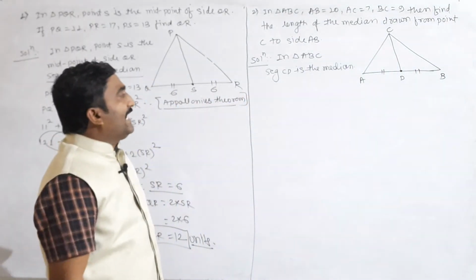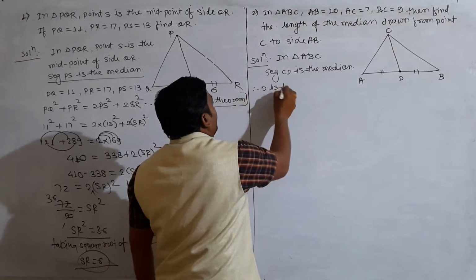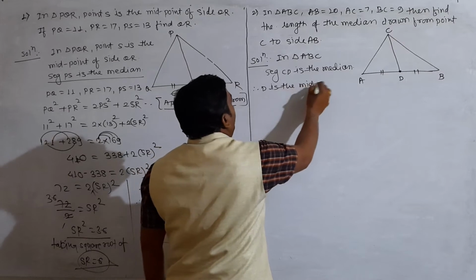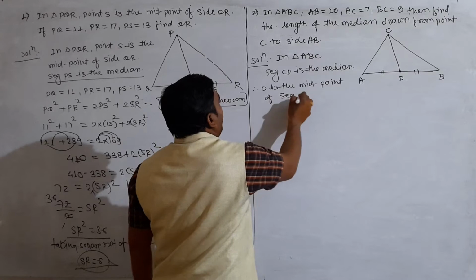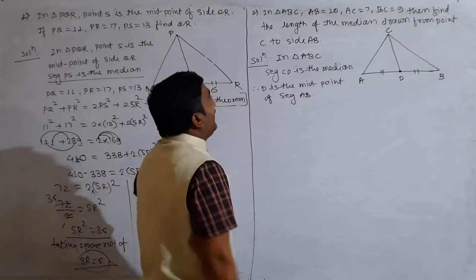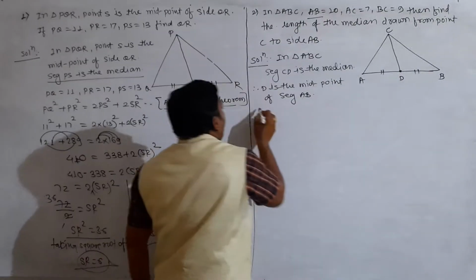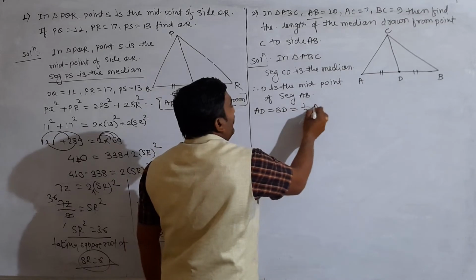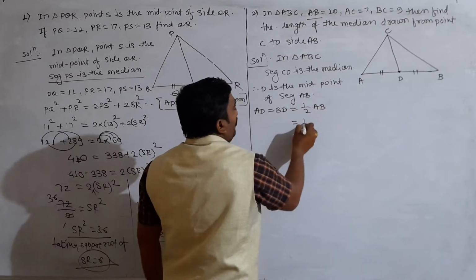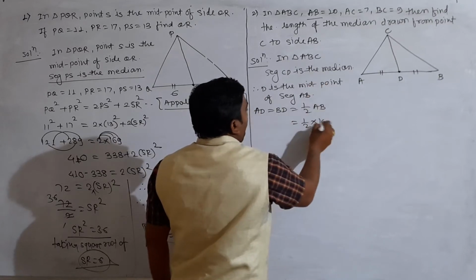Therefore D is the midpoint of segment AB. Here AB is equal to 10. Then AD is equal to BD is equal to 1 by 2 AB. 1 by 2 AB means, what is the value of AB? 10.